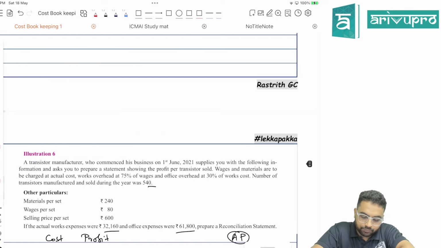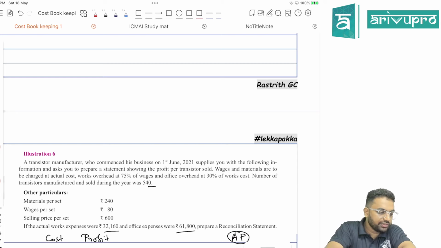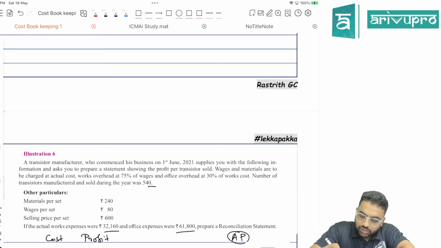Illustration number 6. A transistors manufacturer who commenced his business on 1st June supplies you with the following information and asks you to prepare a statement showing profit as per transistors sold.